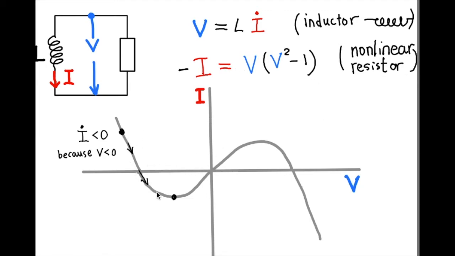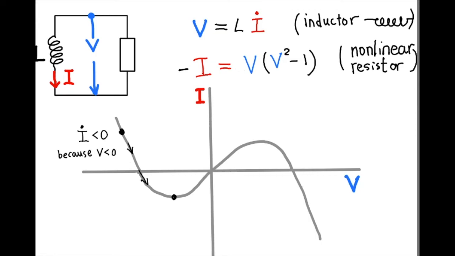When we reach this point, we have a dilemma. Because the voltage V is still negative, I dot should still be negative. So according to this equation, we should still go down. But according to this equation, we should stay on this line and go up. So we have this tension, either go up or go down.